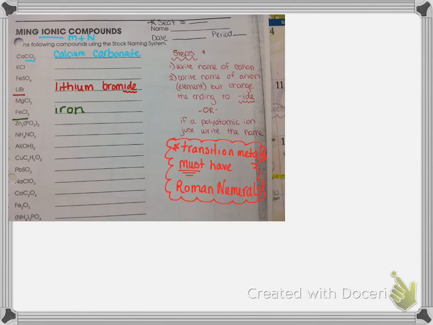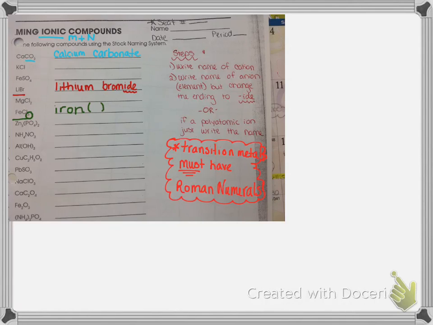But here's what changes. Because iron is a transition metal, it could have a +1 charge, a +2 charge, a +3 charge. And we don't know if we don't put the number inside of the parentheses. So in order to figure out what the charge is on this iron, we kind of do a reverse crisscross. We look to see what the subscript is after the anion.